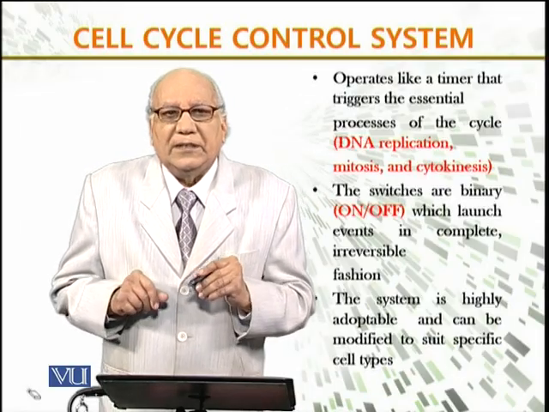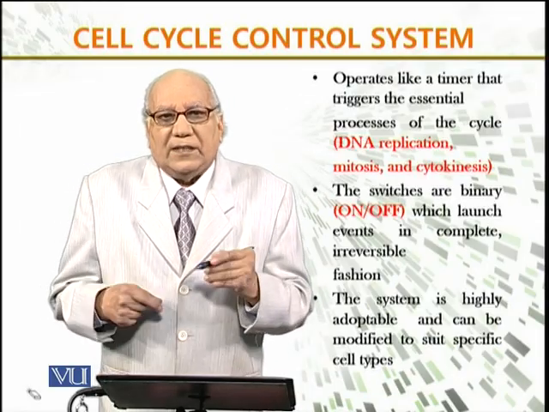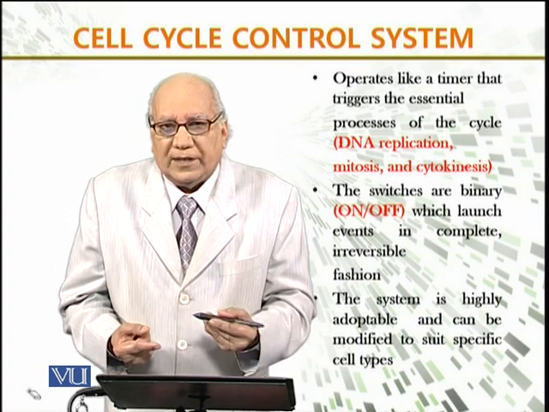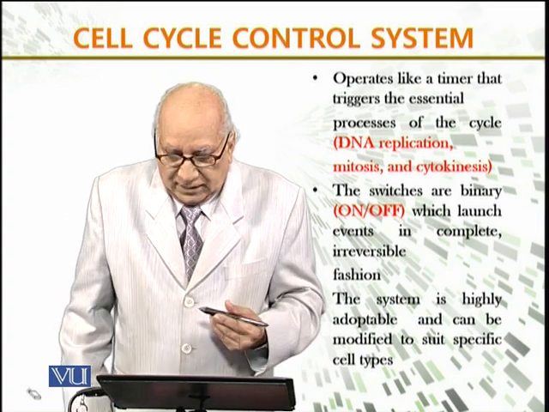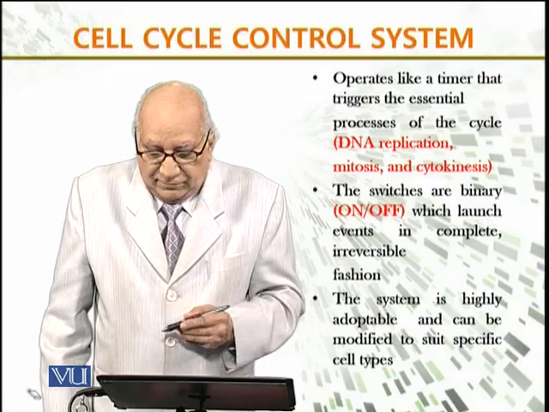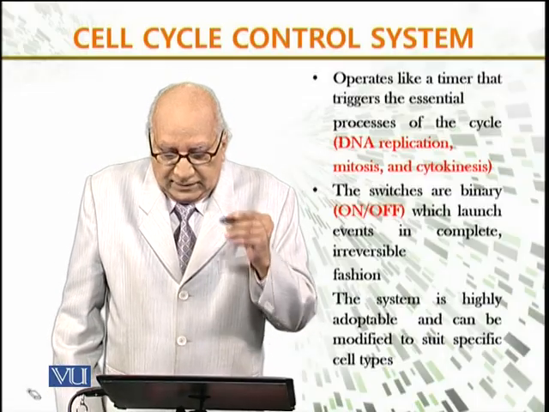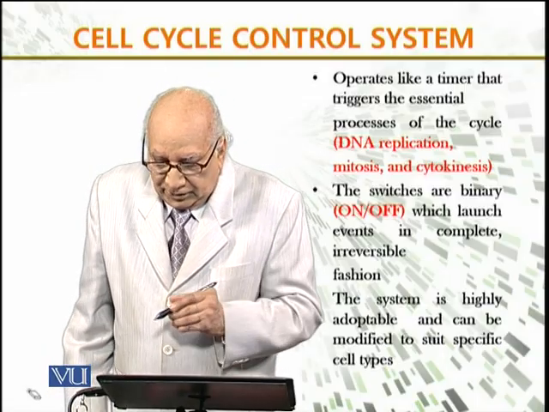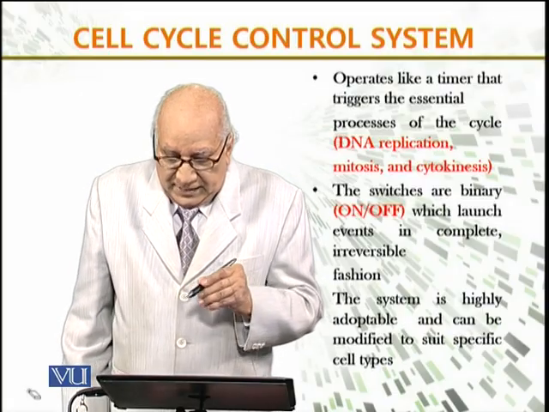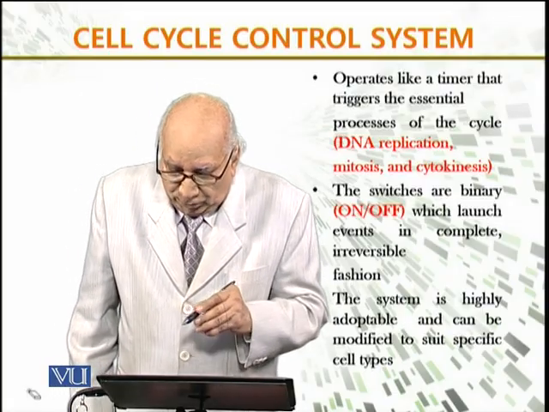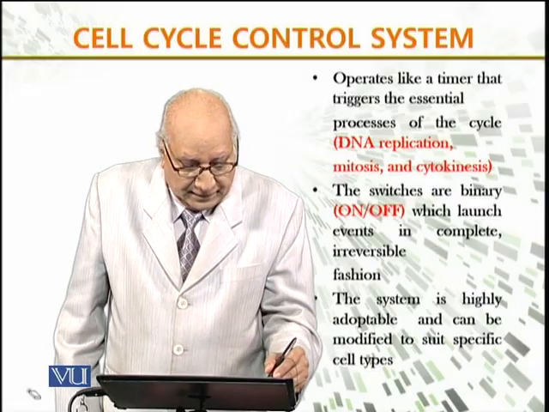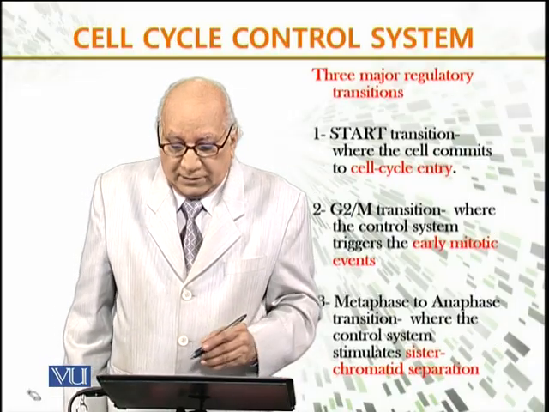Binary on-off switches are just like a light switch or a car switch, and they launch events in a completely irreversible fashion. The system is highly adaptable and can be modified to suit specific cell types.